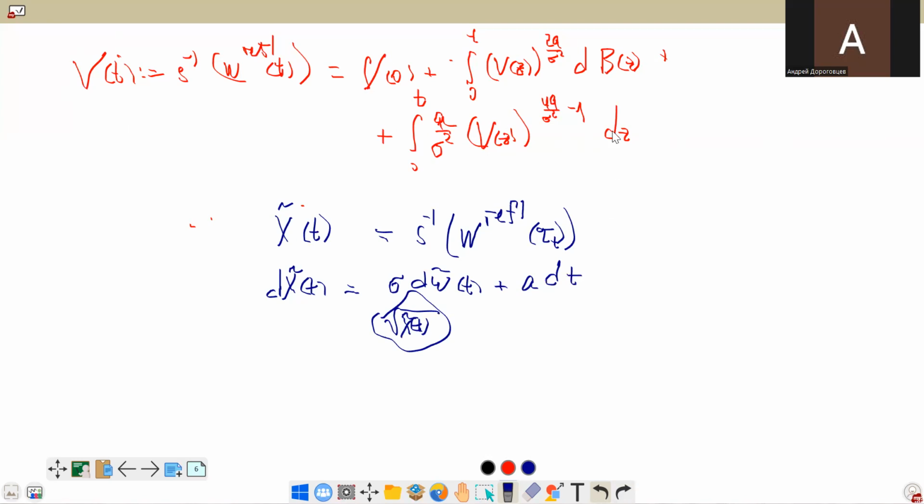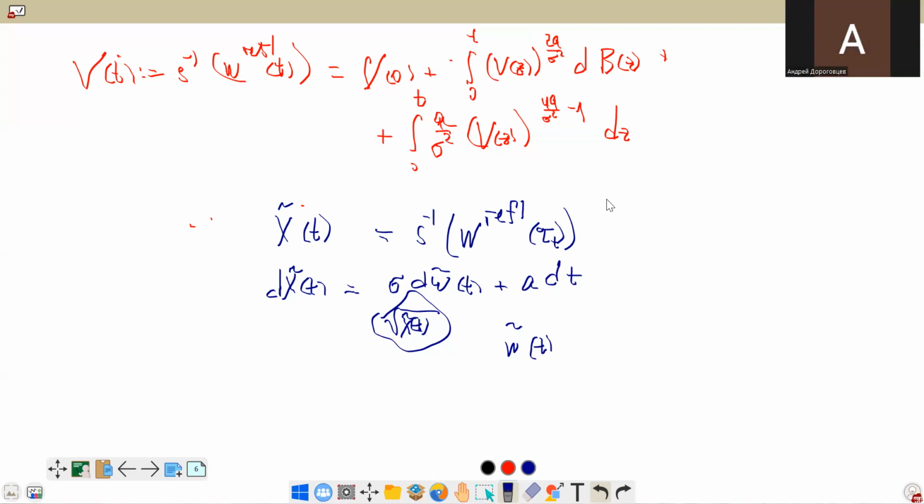So when you change the time, you will see here the square root of a new process times, so, well, W with tilde of t will be some transformation of, so you'll have a continuous martingale with characteristic t.